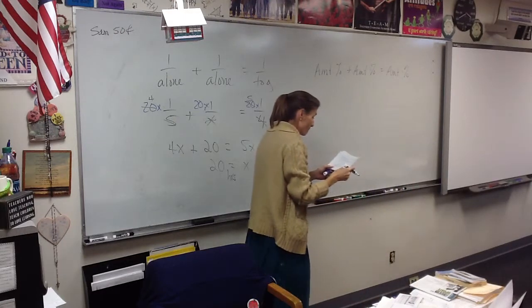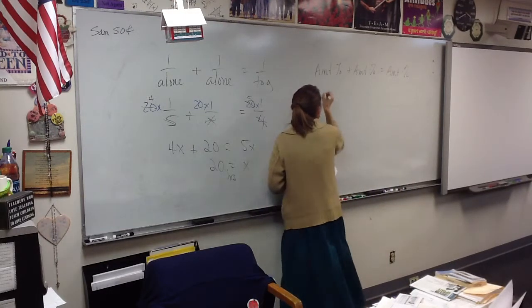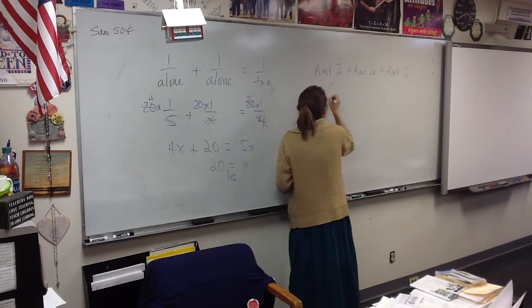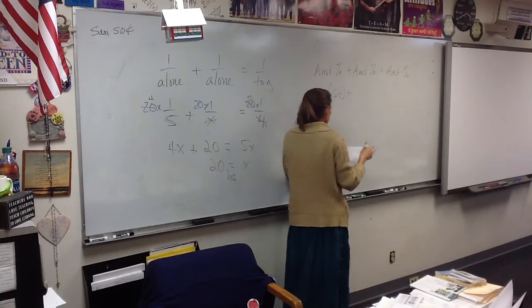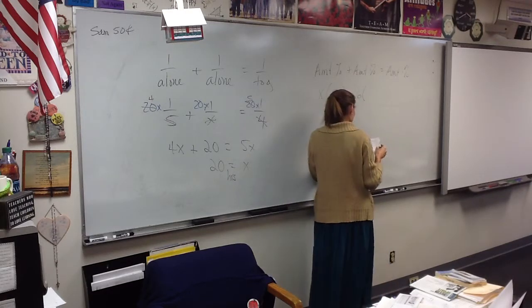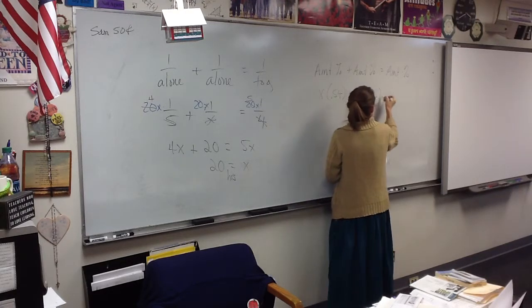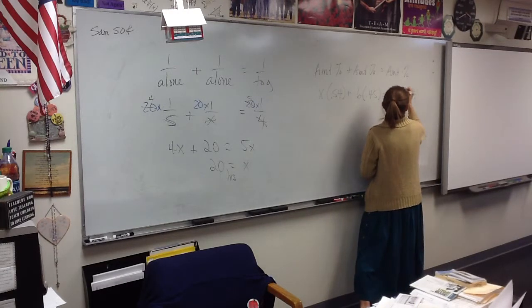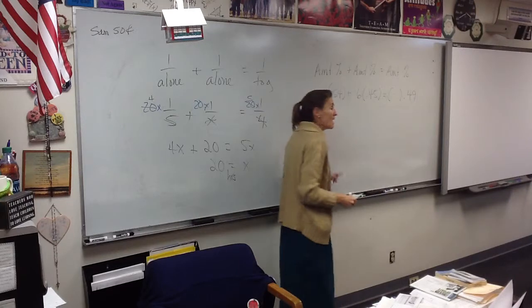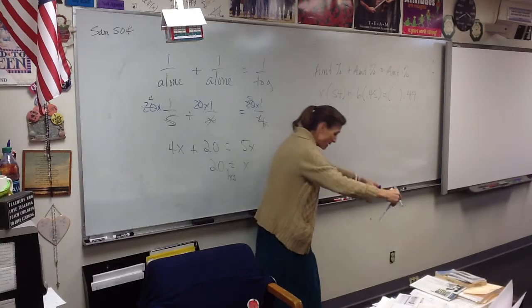So here we go. How much 54% should be mixed with 6 quarts of 45% to get a 49% solution? Now, Zach, here's my bucket.